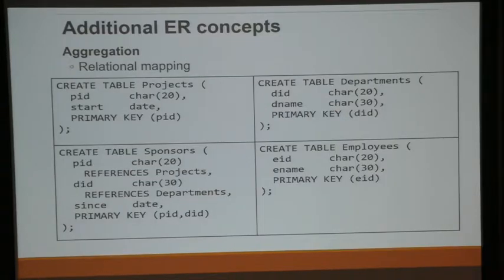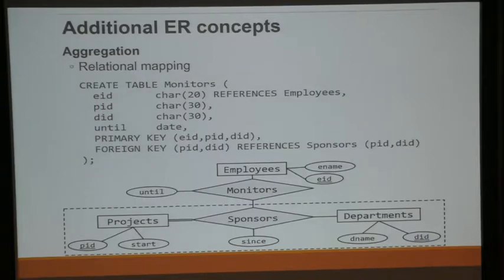For the monitors table, what we do is we just connect it to the sponsors table. So it connects between the employees and the sponsors. It connects to the employees by using this references this. And it connects to the sponsors by this one. Okay? So at this point, the sponsors is treated as an aggregate entity.